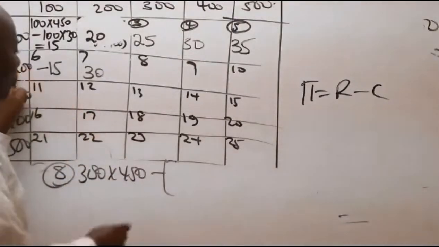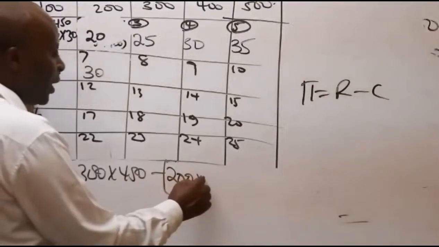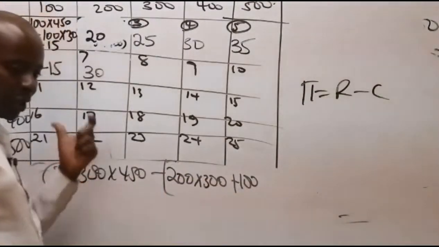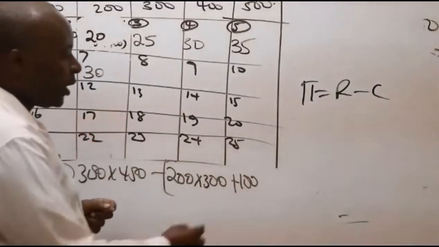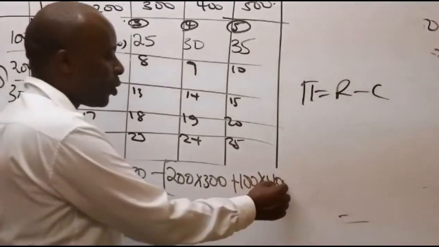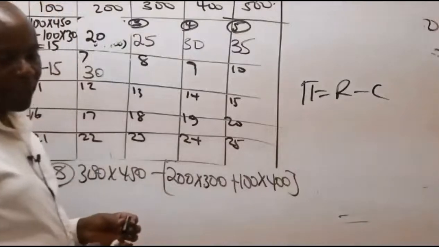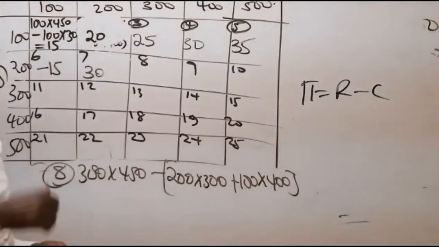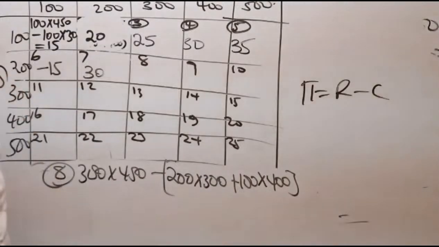There is a normal cost of producing 200 at 300, plus 100, because now we have to push up 100 times the cost of producing more, which is 400. Let's see whether it will come to 0, Jerry, or 25.